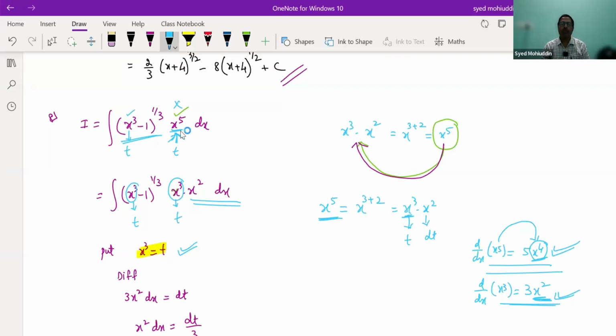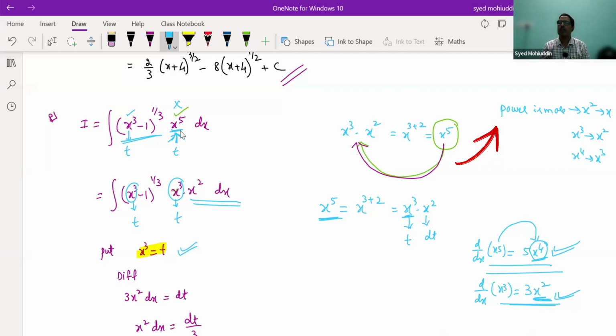Alright. One way is when the power is high, like the first set of problems we have done. Power is more means, like you are having x square, its derivative is present as x. X cube is there, its derivative is present as x square. X power of 4 is there, its derivative present should be x cube.